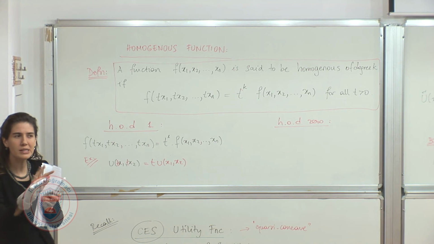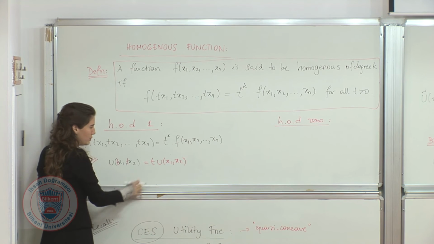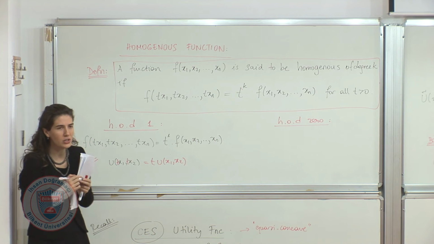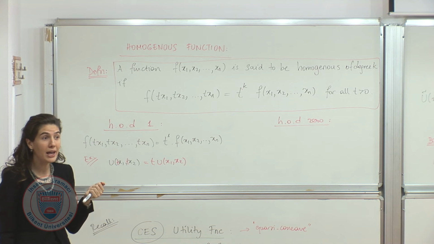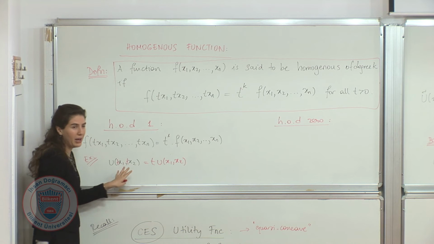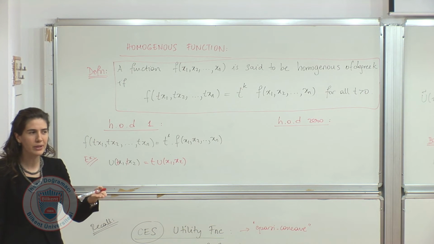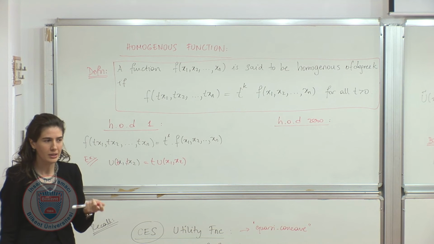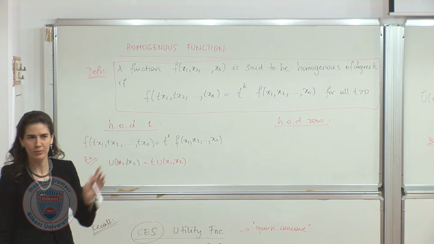Mostly you'll see that in production functions, which will be like these utility functions, okay? There you will see that it means that if I double my capital and my labor, my output will double as well, or triple, quadruple, whatever, okay?